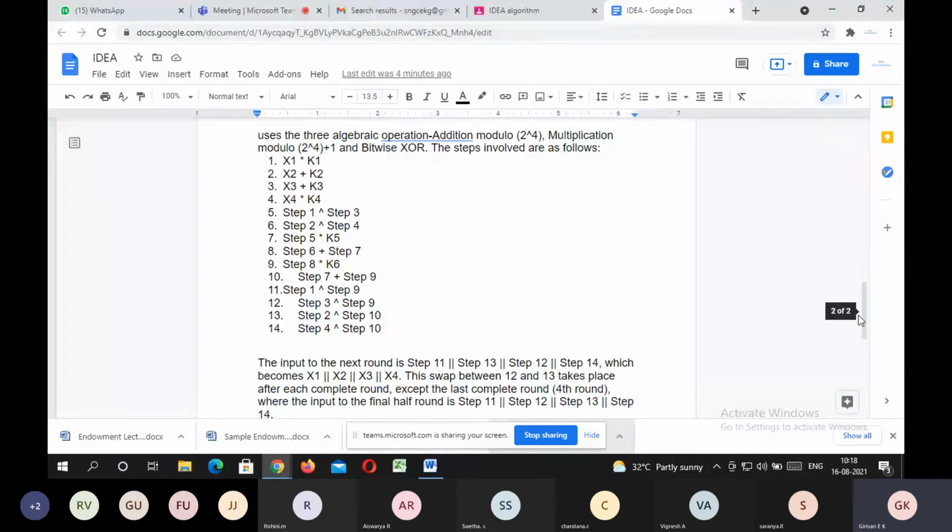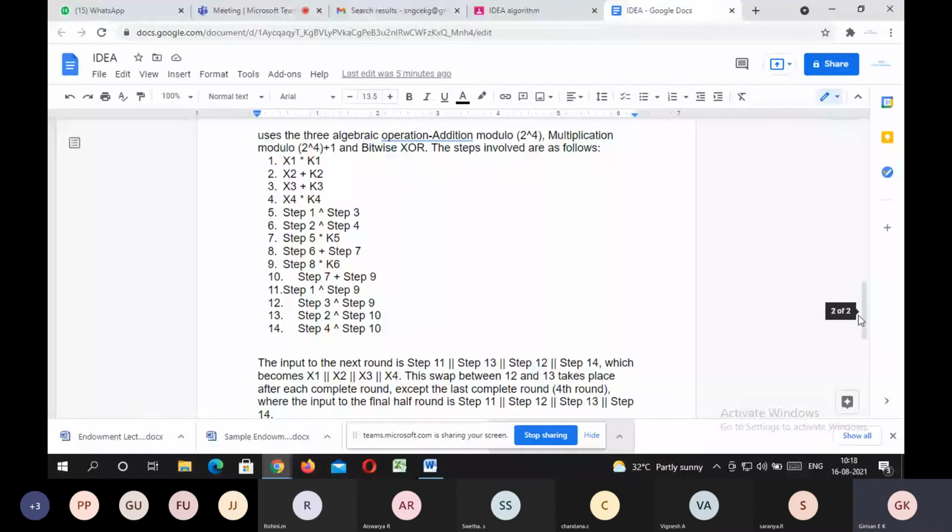The 11th step is XOR the result of step 1 with the result of step 9. Then the 12th step is XOR the result of step 3 with the result of step 9 again. That is important.